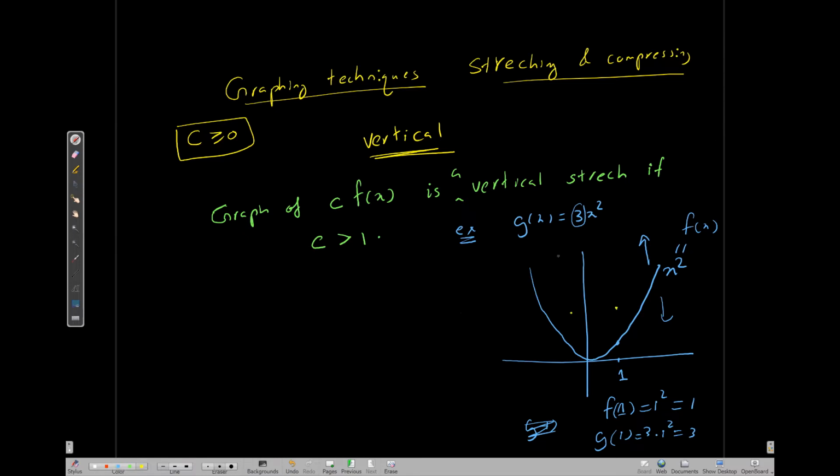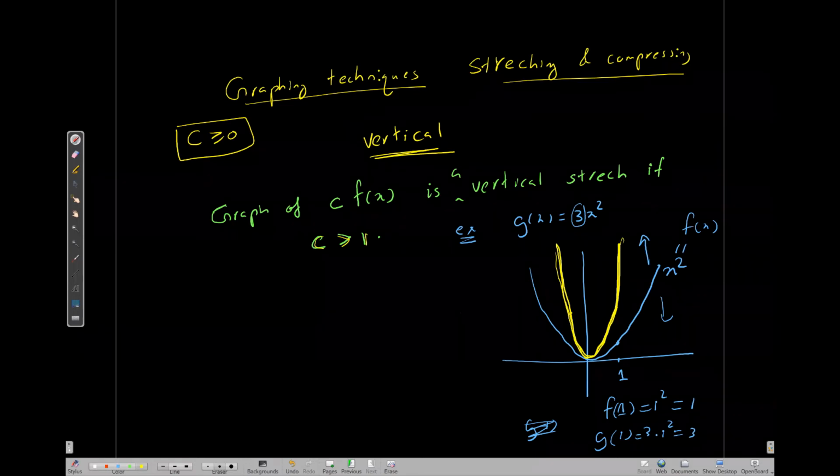Because of that, our graph will vertically stretch. So remember, whenever there is a positive constant appearing, that constant has to be greater than 1. If that is the case, your graph will be a skinny graph. It will be stretched.